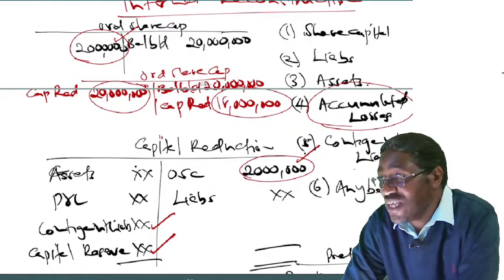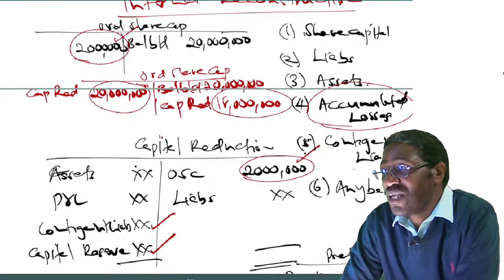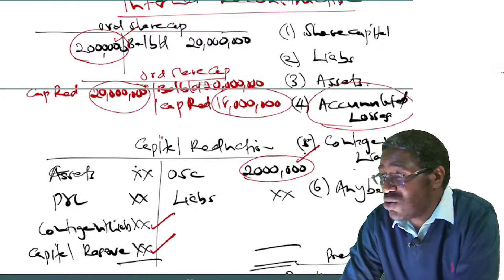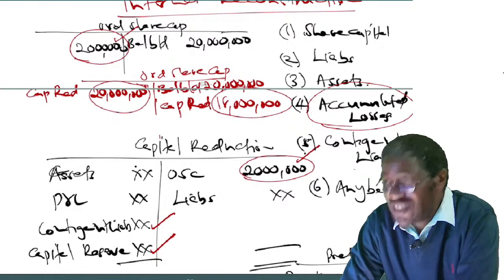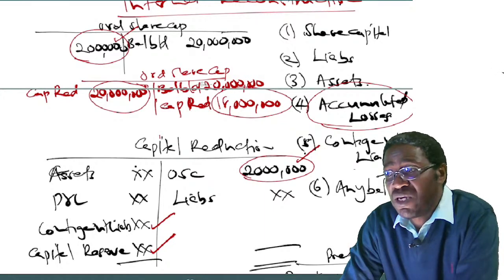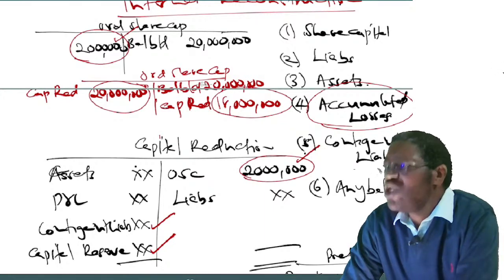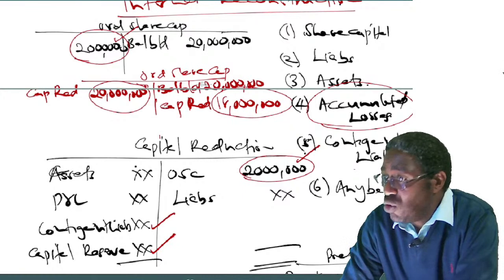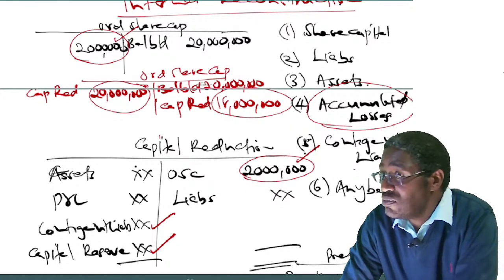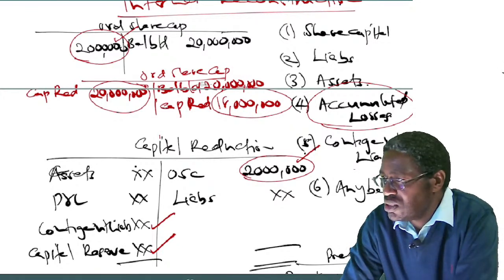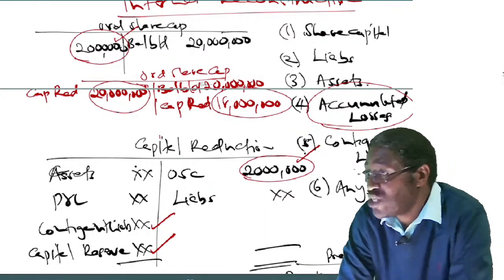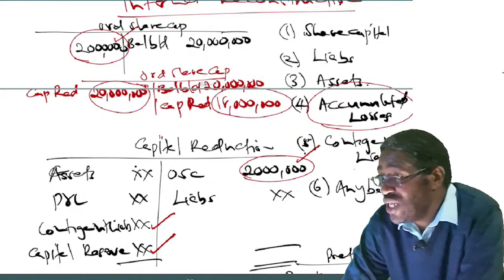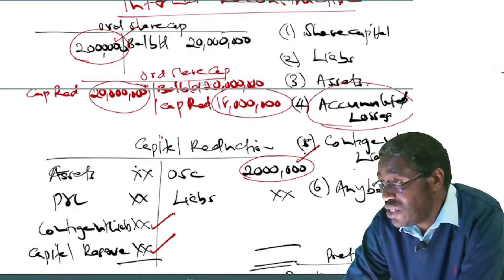Somebody says it's a gain. Good. Another person, I don't know whether it's right. We shall conclude. Another person, good. It's a gain. Why is it a gain? Let me explain now. Initially, we owed the ordinary shareholders 20 million, and now they are willing to write off 2 million.